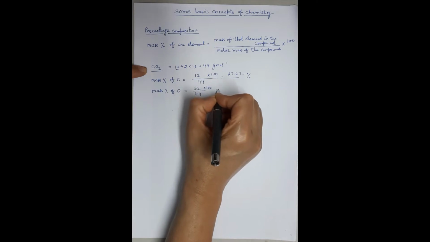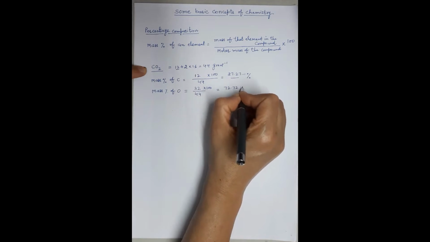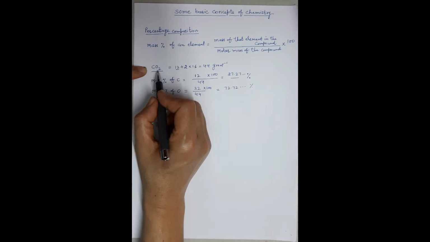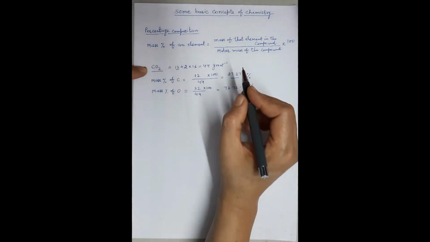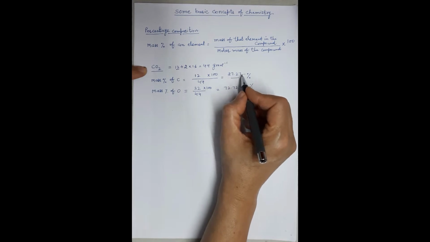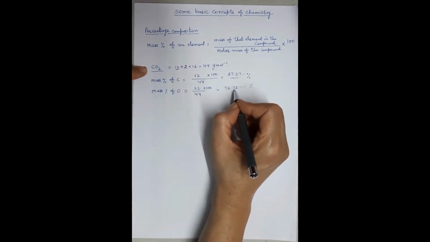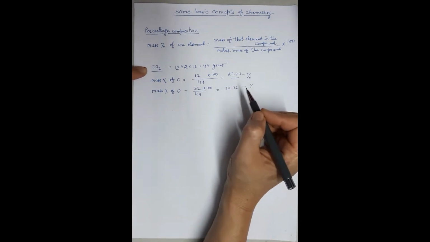If you calculate here, it comes out to be 72.7272%. If you consider that carbon dioxide is 100 grams, out of it carbon is 27.2727%, whereas oxygen is 72.727272%. How will you check your answer is correct or not?